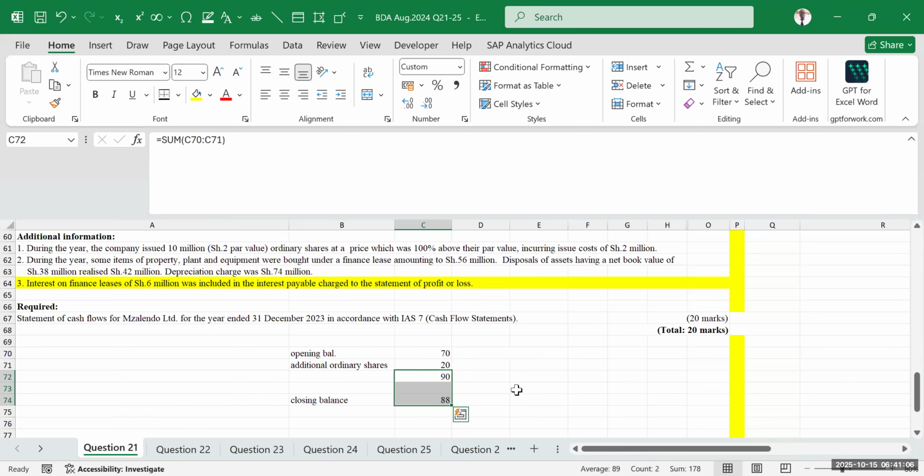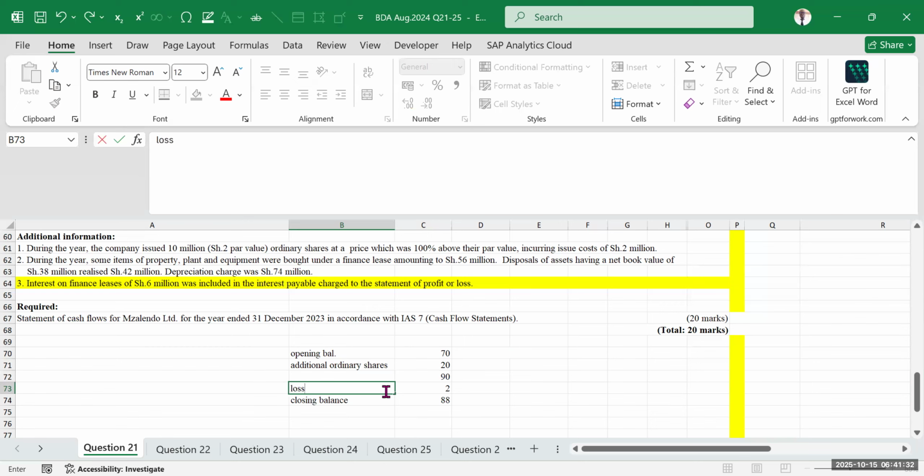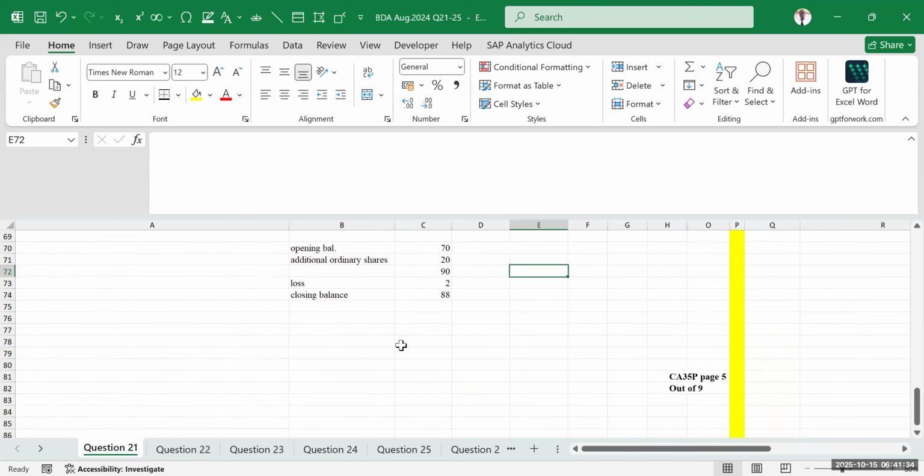The difference is 2. So what does the 2 represent? I don't know what to call it, but it's like a loss because it's a reduction. Yes, it is a loss.